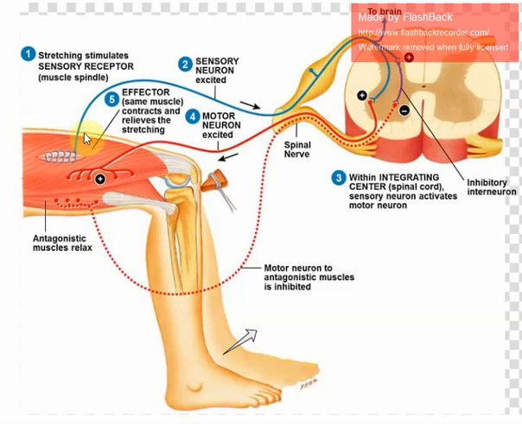channels will open, depolarization will take place, and if it reaches the threshold, the action potential will generate, and then ultimately the impulse will travel along this sensory nerve. So when this action potential is generated, this impulse is taken by the sensory nerve.